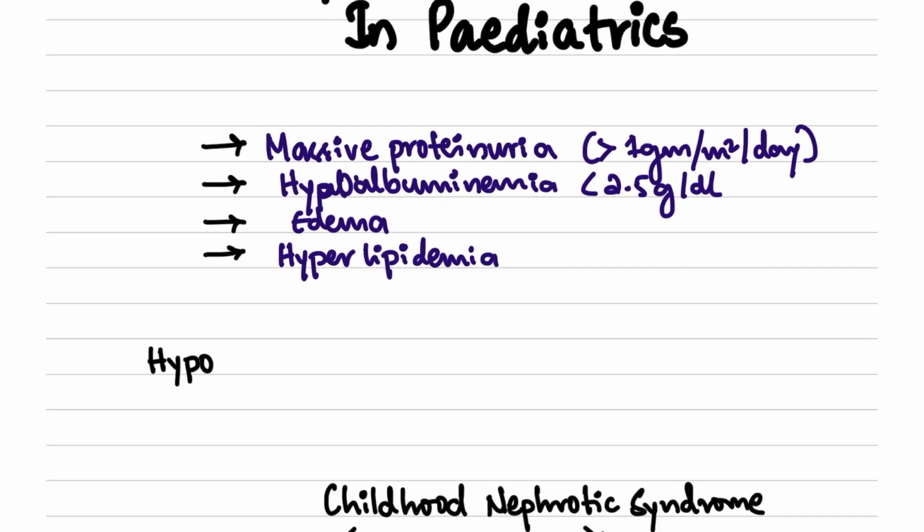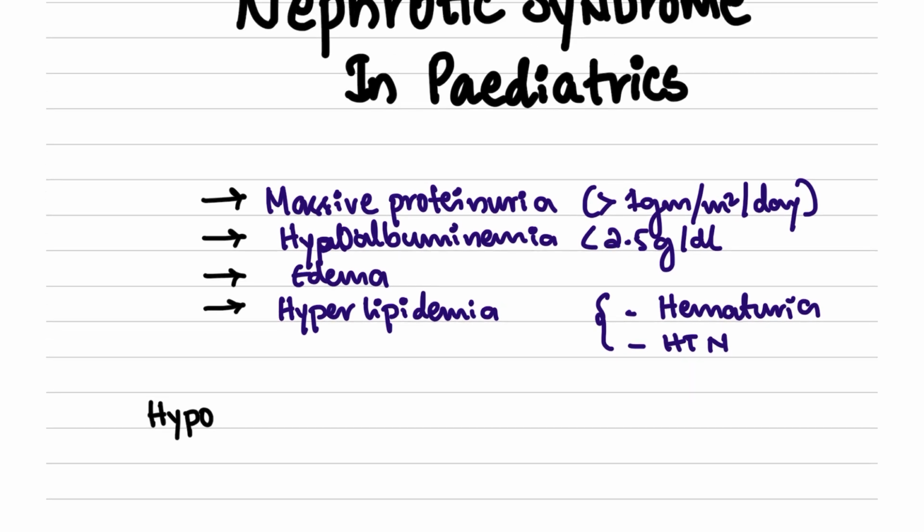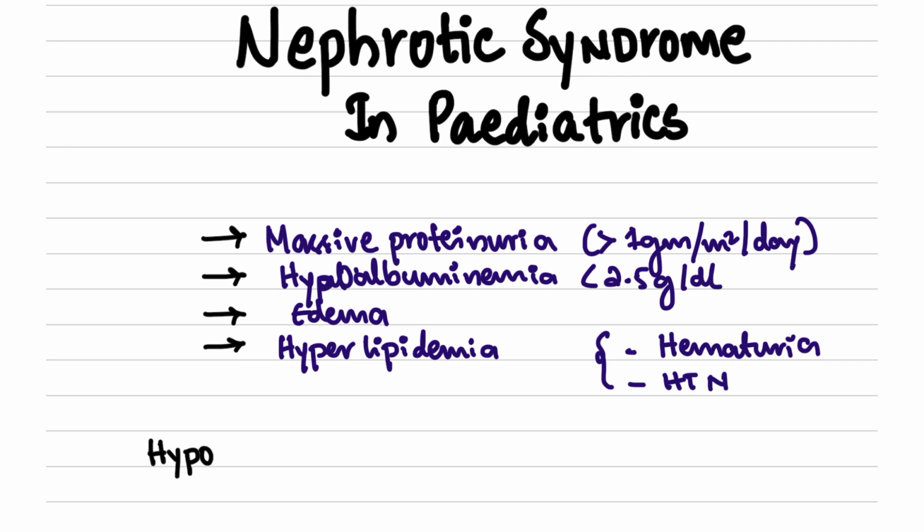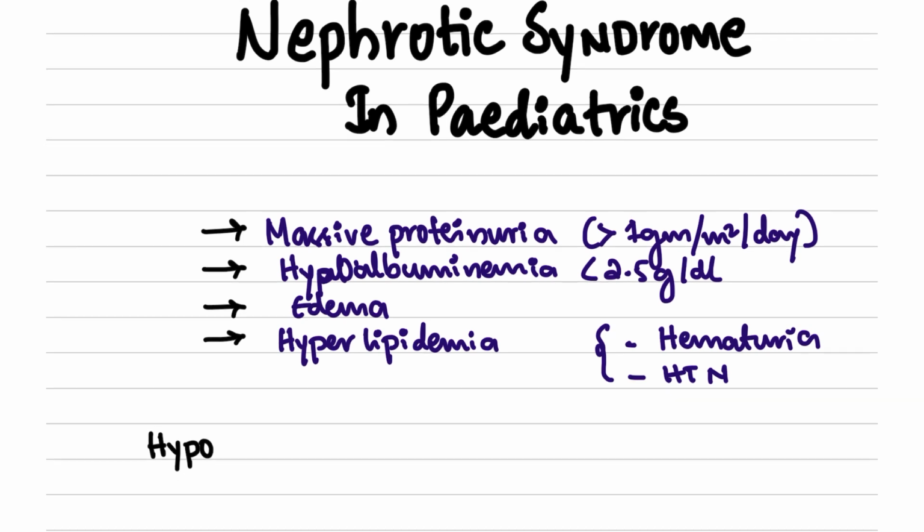We can also see some nephritic syndrome features such as hematuria as well as hypertension. So in about 10 to 20% of cases, we also see hematuria as well as hypertension, which are mainly the clinical features of nephritic syndrome. So these are the features of nephrotic syndrome in pediatrics.